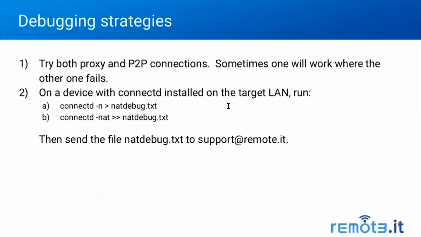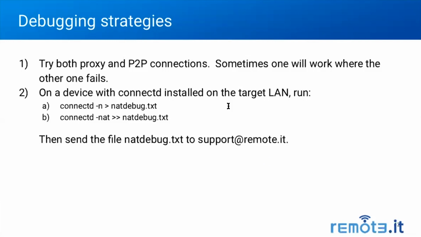Here's some debugging strategies if you encounter any issues with trying to connect from your client location to devices. We suggest that you try both a proxy and a peer-to-peer connection, because sometimes one will work and the other one doesn't, and it's very useful information to have if you send in a support ticket.